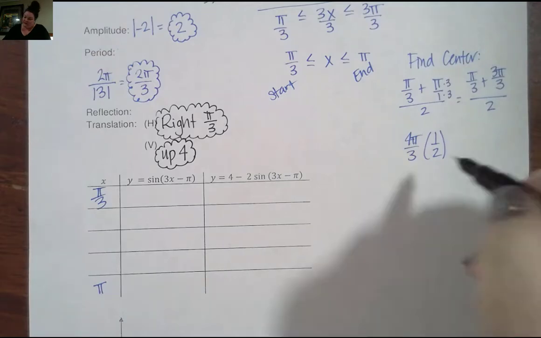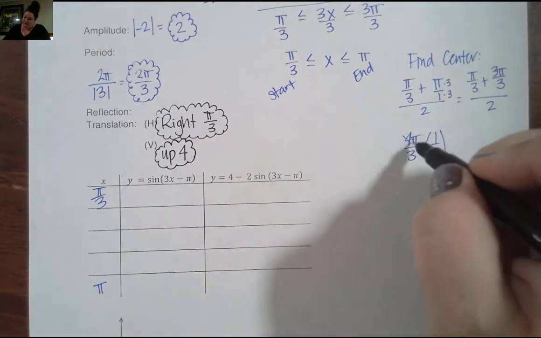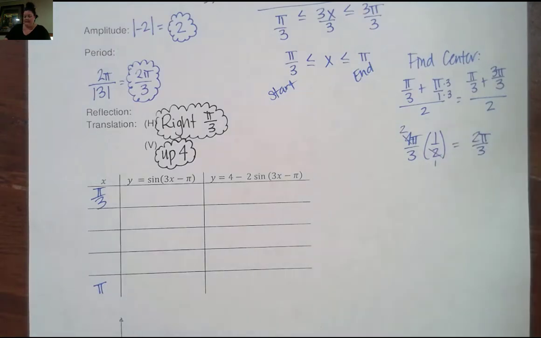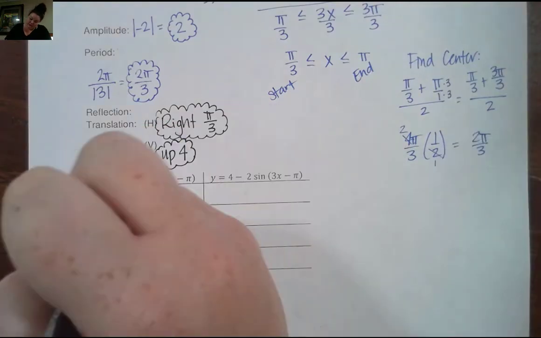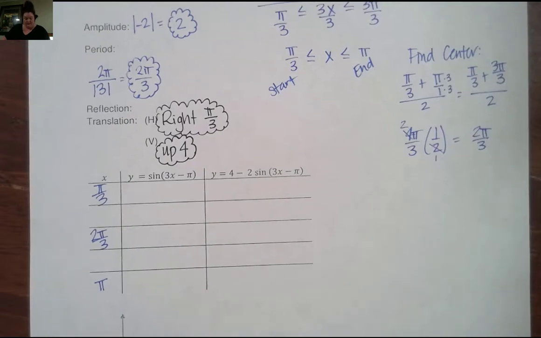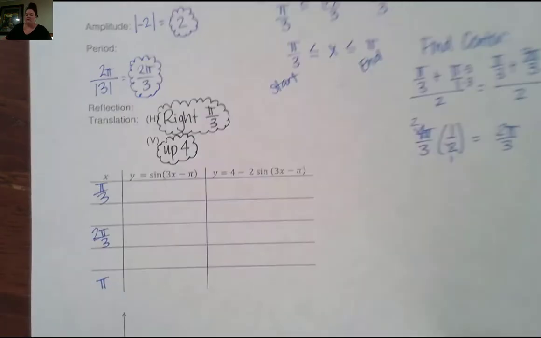And then I can reduce. This is a 1, this is a 2. So I end up with 2 pi over 3. Okay, so that's going to be my center point, 2 pi over 3. So far it kind of looks like we can count by pi's over 3. Alright, so let's go ahead and label our graph.